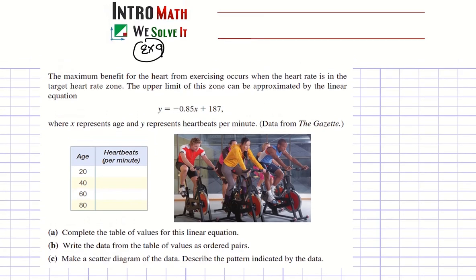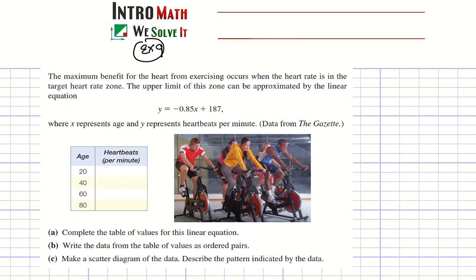The next problem says maximum benefit for the heart from exercising occurs when the heart rate is in the target heart rate zone. The upper limit of this zone can be approximated by the linear equation right there, where x represents age, y represents heartbeats per minute.